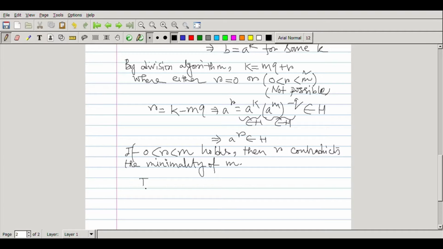Therefore r has to be 0. So this is the only possible case.